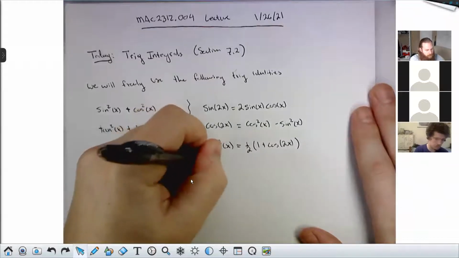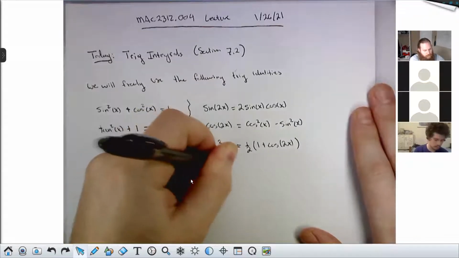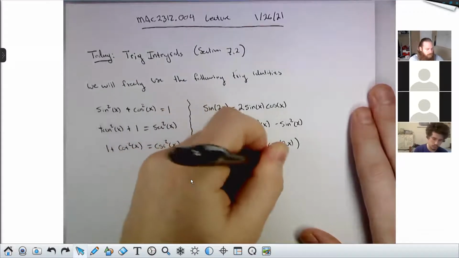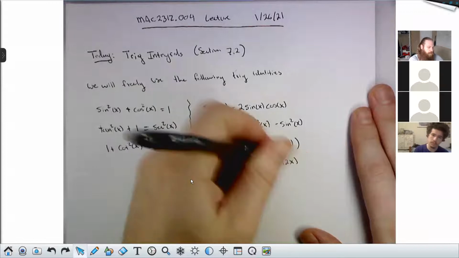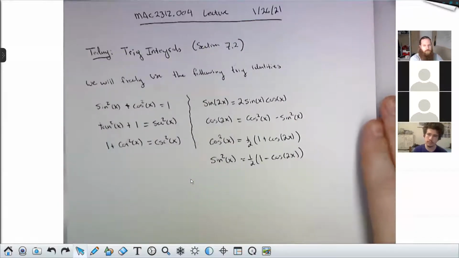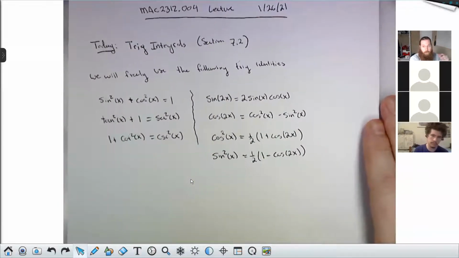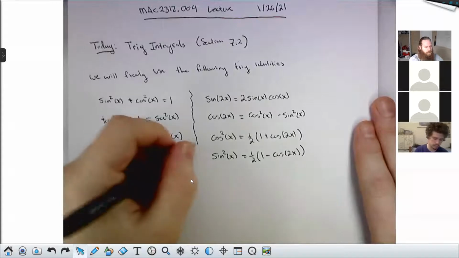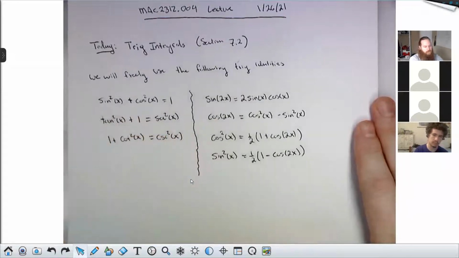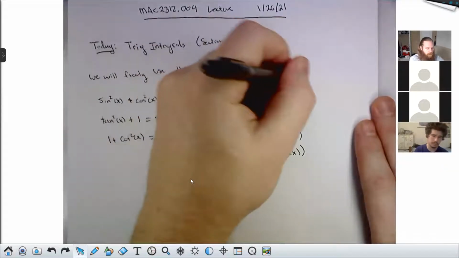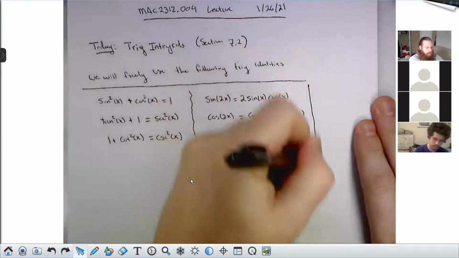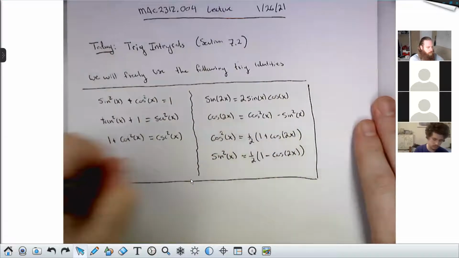And then the other one of these is sine squared x equals 1/2 times quantity 1 minus cosine of 2x. All right, so these are the identities you need to know, like boom, boom, boom, no thinking. There are problems where other identities are useful, but anything else is understandable if you need some time to look it up. But these ones you need to know cold.